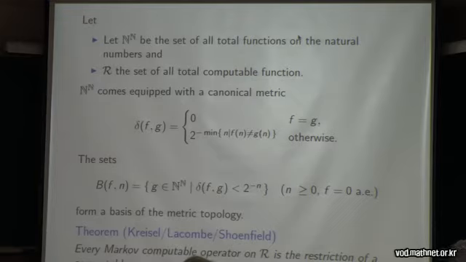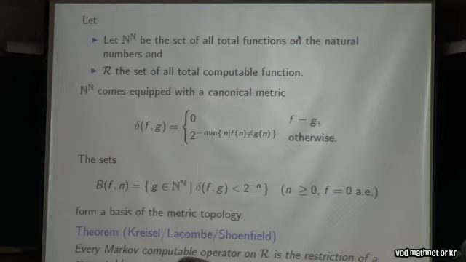If f and g are two total functions and they are identical, then the distance has to be 0. Otherwise, there is some argument where they differ, and we look for the smallest such argument, and then we say 2 to the minus the smallest argument.